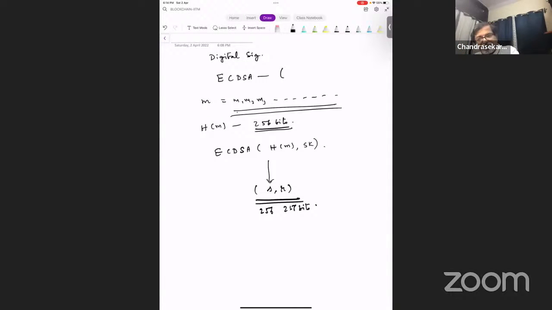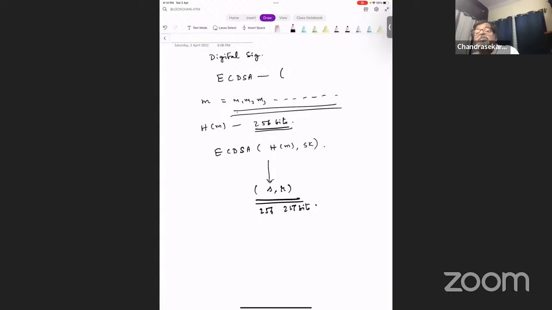So just give the message. The software will first hash it. Then you give as an input your secret key because you are going to produce a signature on this message. And then this 256 plus 256, 512 bits will be generated, and that is going to be the signature on this message.